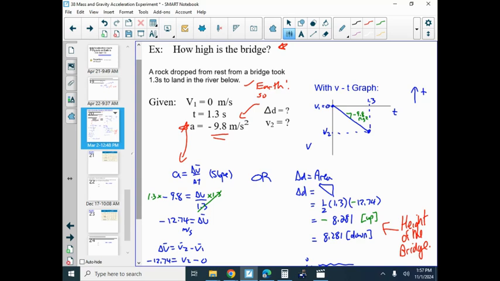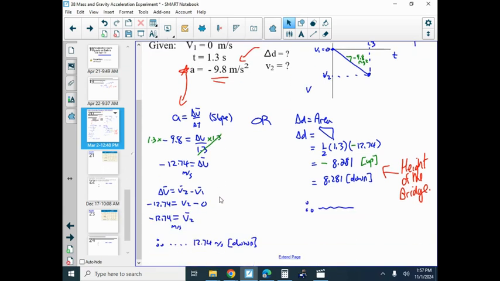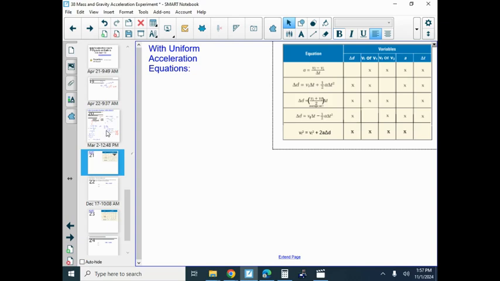No special uniform acceleration equations needed. Okay, can they be used? Sure, but you don't need them, right? So if I were to go back in time to the Mackinac Island Bridge, I'd be able to show I'm able to do it, even though the other three people from physics class weren't able to because they couldn't remember the specific equations, right? So the power of the VT graph method and understanding what the heck you're doing is what I'm trying to make sure you are cool with.